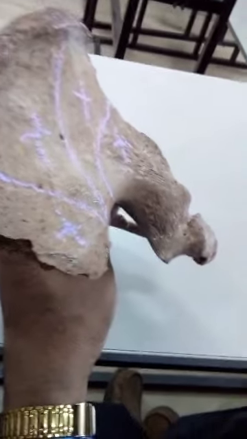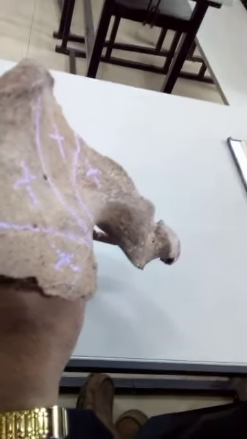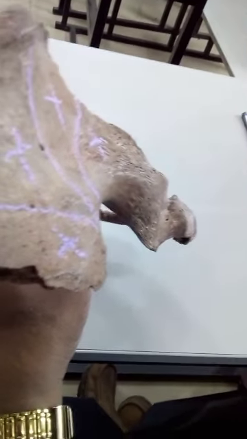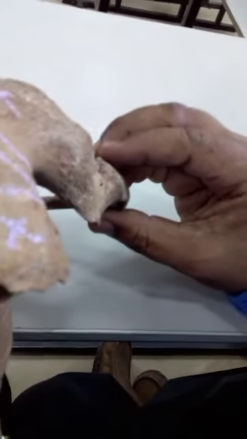Now let us know what are the features present in the ischium. You see, this one is the ischium, which consists of a body and a ramus. The body of the ischium presents two ends, upper and lower.